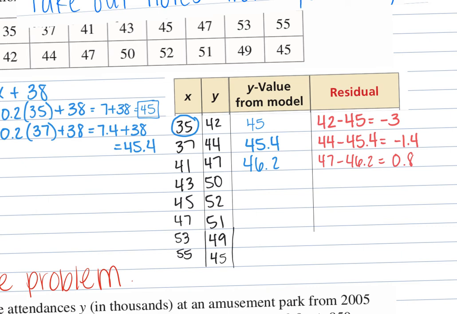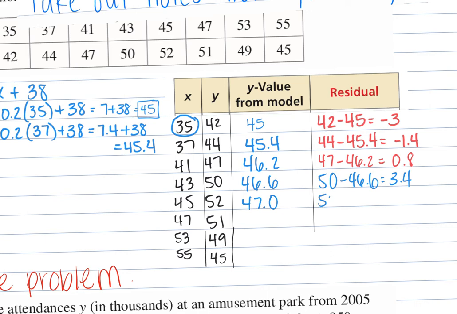Agreed? Okay. What was the model value for the next one, for 43? Was it 46.8? 46.6? And then you did 50 minus 46.6, and you should have gotten 3.4? And then when it was 45, it should have been 47.0 on the dot.